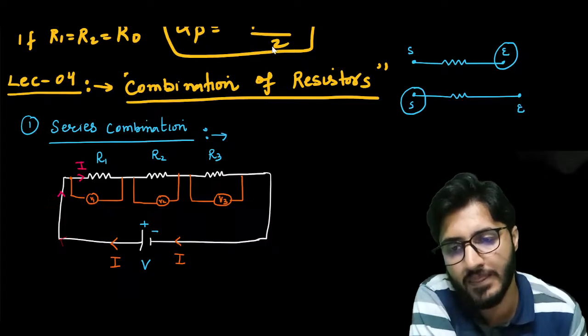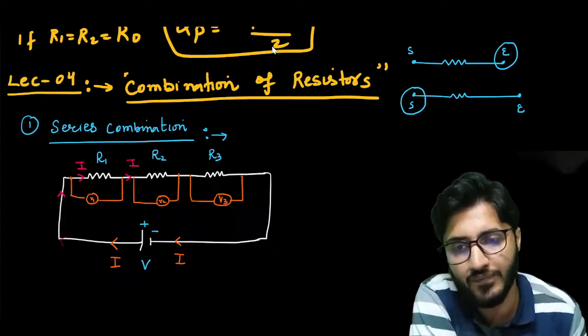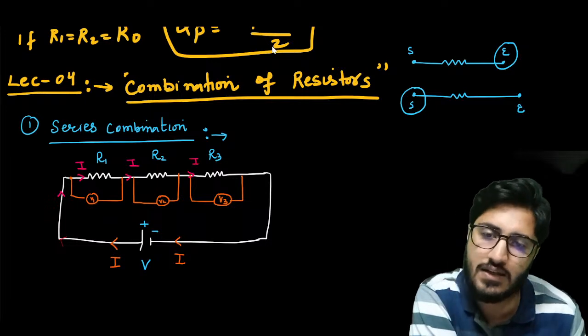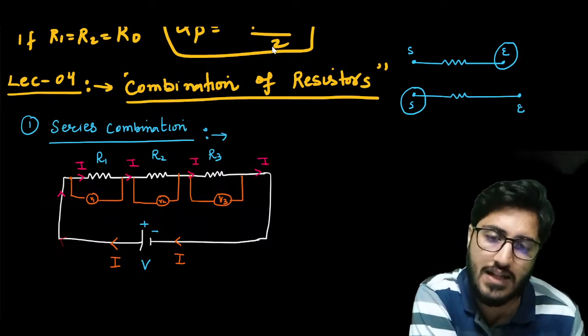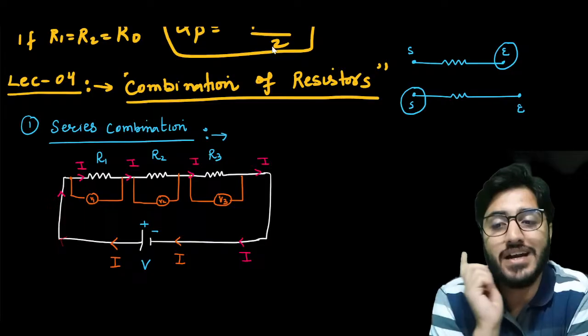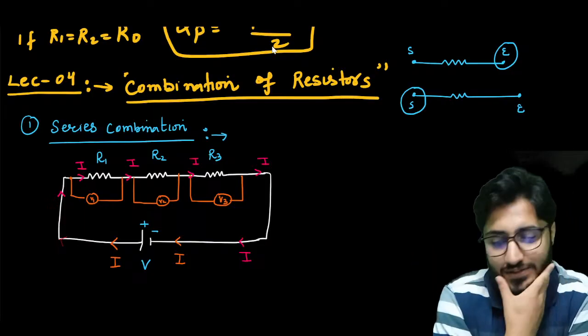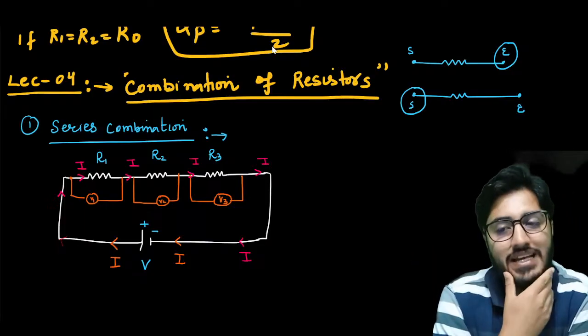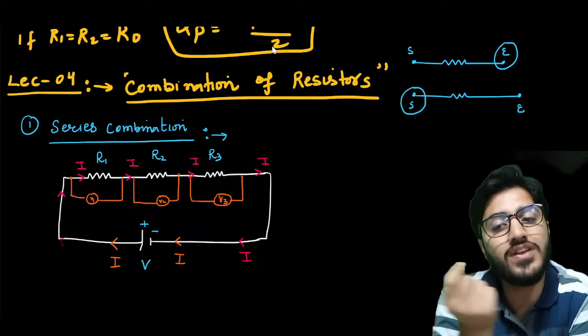It simply indicates that the same current will flow through all the resistors.